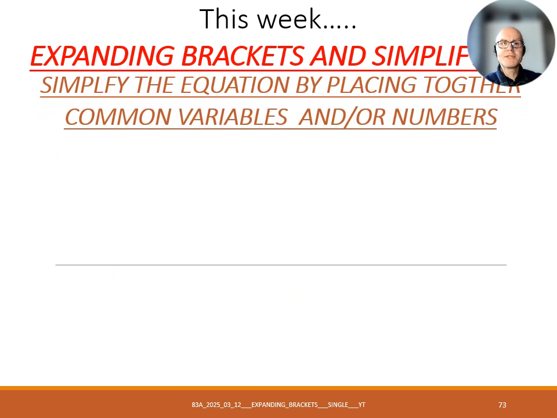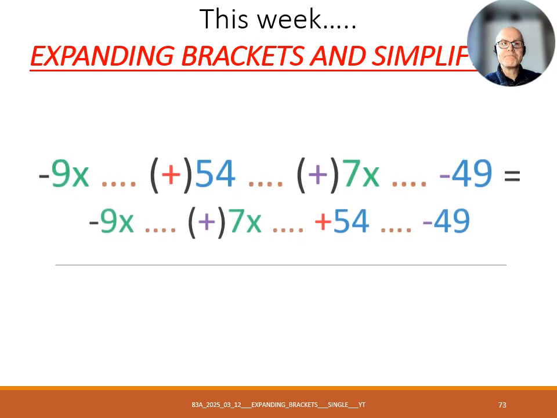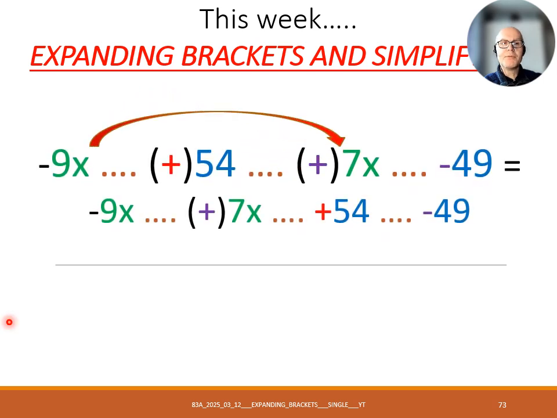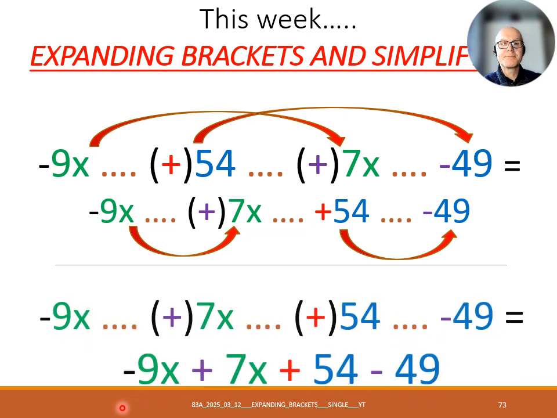Collect our like terms. At the moment, we've got 2 lots of x's and 2 lots of numbers. Let's put them side by side, keeping the signs in at the moment. Don't change them to functions yet. X's together and the numbers together.